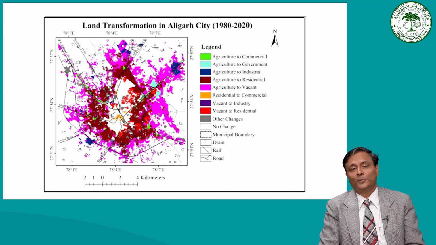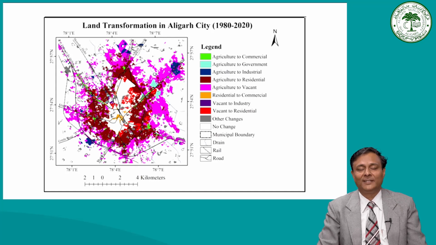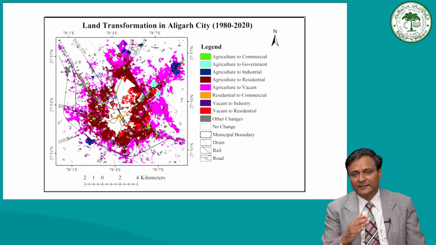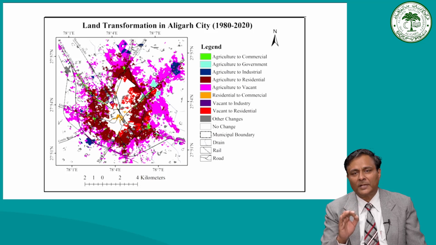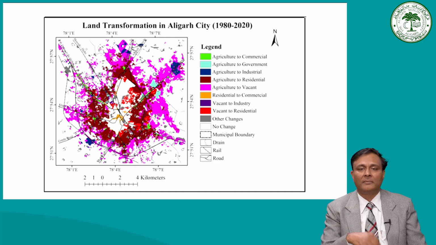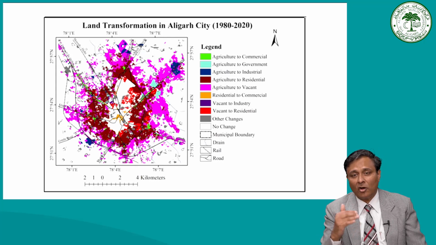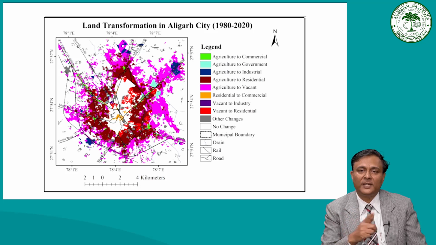Now, one more important point which I would like to mention here. When I am saying that there are three time period data, three time period information, these three time period information are drawn from different sources. For example, 1980 was Survey of India information. 2000 was satellite imagery. 2020 was satellite imagery along with ground truthing through Google Maps aided with GPS location.